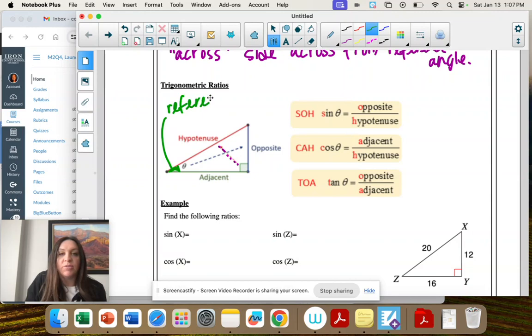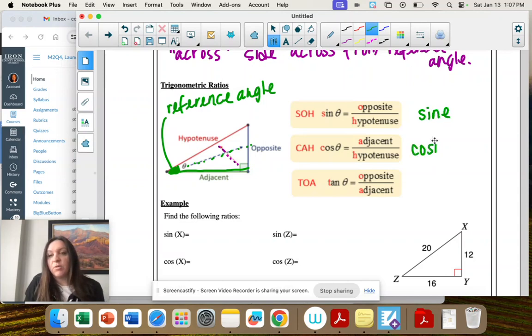That's the angle we're focusing on. Across from that is the opposite side of the triangle. And then next to it is the adjacent side. So once you have those labeled, we're going to find the sine ratio, the cosine ratio, and the tangent ratio.